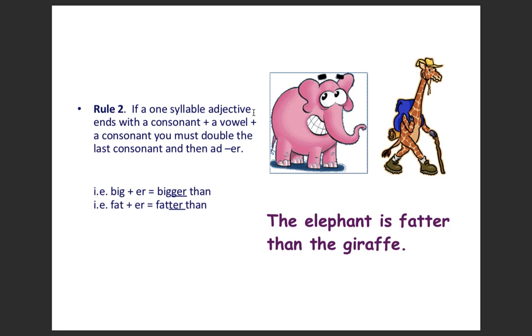When you see this kind of adjective, you need to double the last consonant and add er. For example, big stands for consonant, vowel, consonant. So the last letter is G, double the G and add er, followed by the word than. Sentence example: the elephant is fatter than the giraffe.